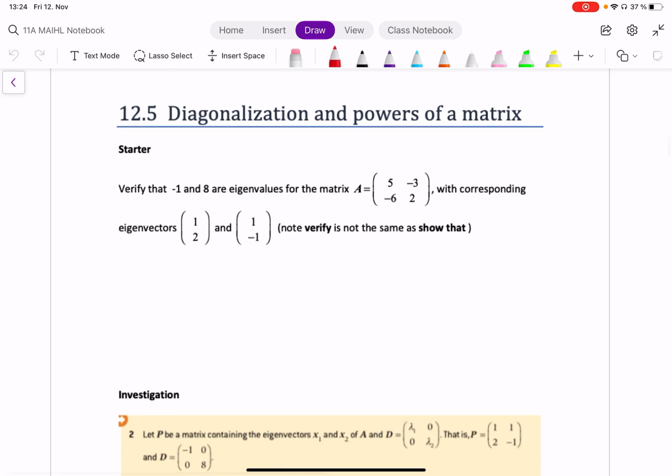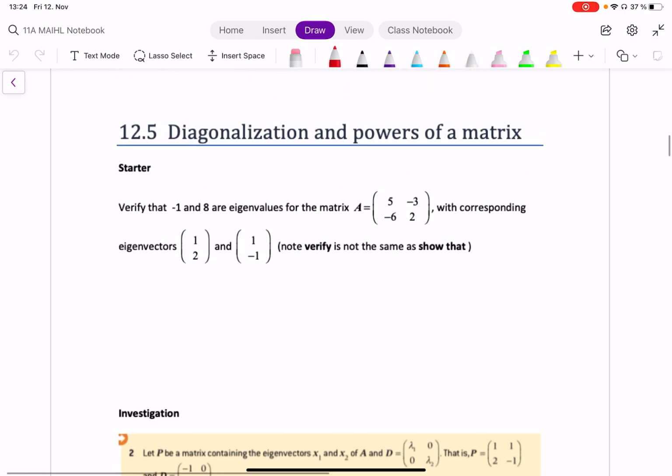But in order to do this investigation, we have to look at this starter. So this is just reminding us what eigenvalues are and what eigenvectors are. And so it says verify that -1 and 8 are the eigenvalues for this matrix, right? So this is a case where, hey, here are the eigenvalues of this matrix. You don't need to go find them.